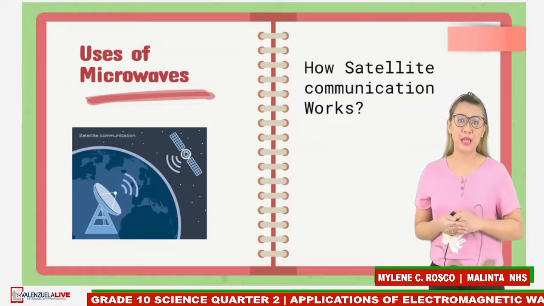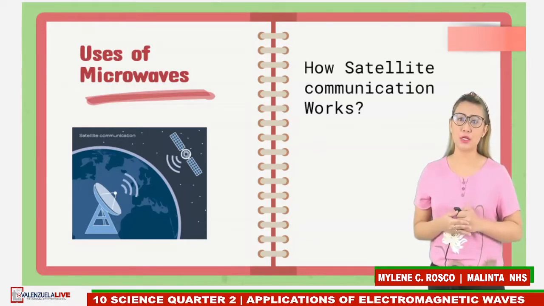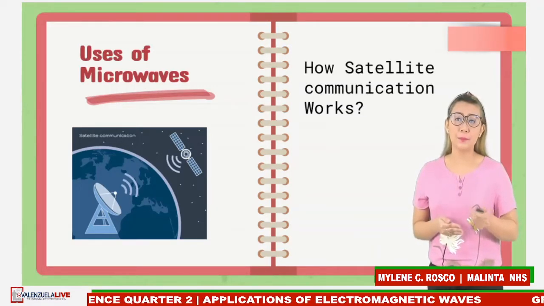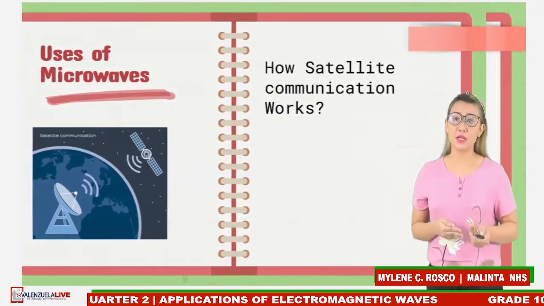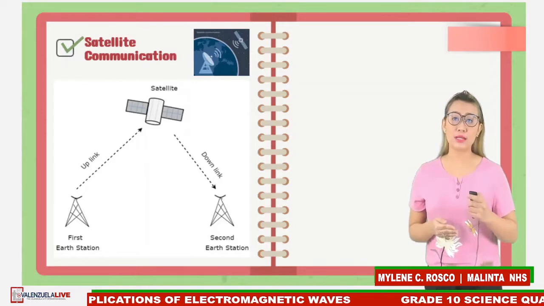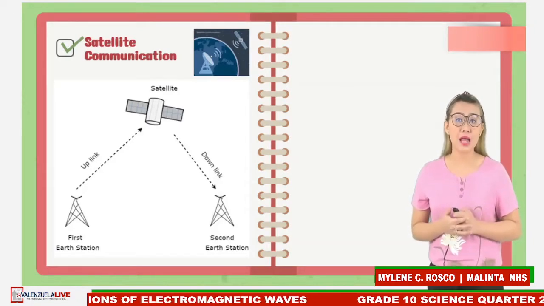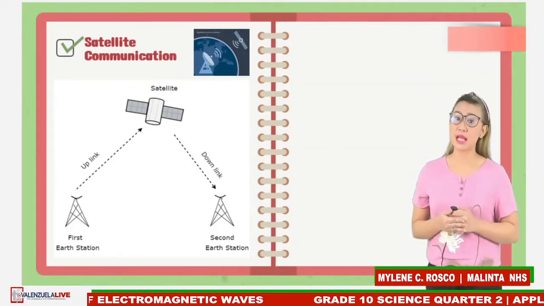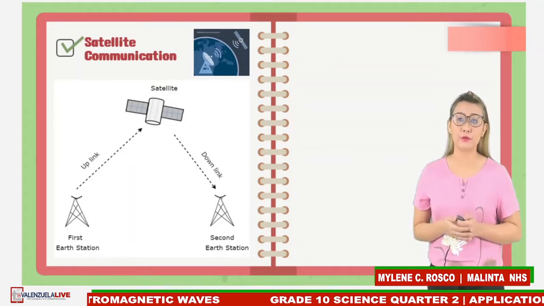So, how does satellite communication work? The process of satellite communication begins at an Earth station designed to transmit and receive high-frequency signals from a satellite in orbit around the Earth.